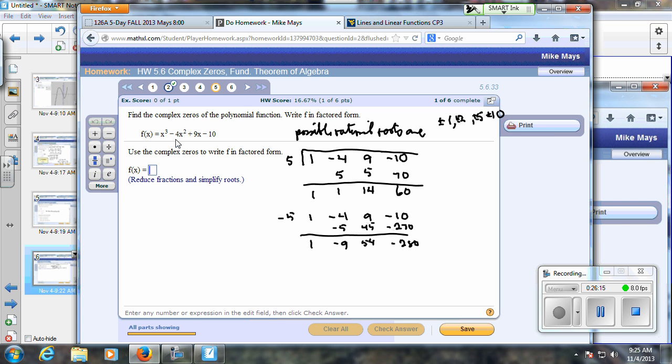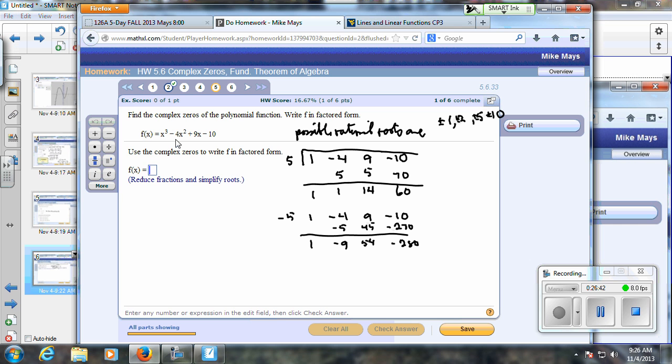It didn't work for 5, so all positive numbers across the bottom. 10 is going to be an even bigger number at the end. For minus 5, the numbers are alternating, and that oscillation gets more pronounced if I use a bigger number than minus 5 to divide by. So I don't even have to try minus 10. So the only hopes are plus or minus 1 and plus or minus 2. Let's see what luck I have.